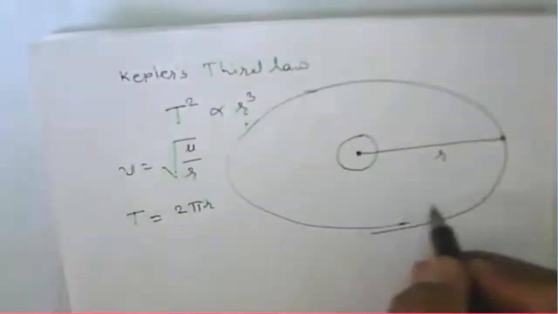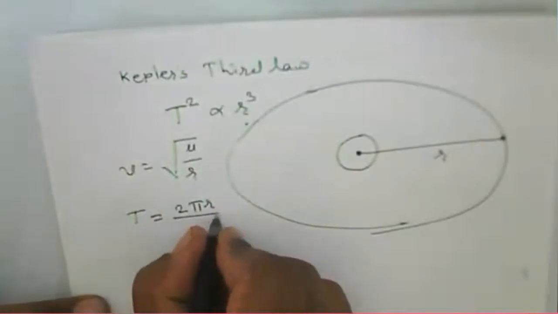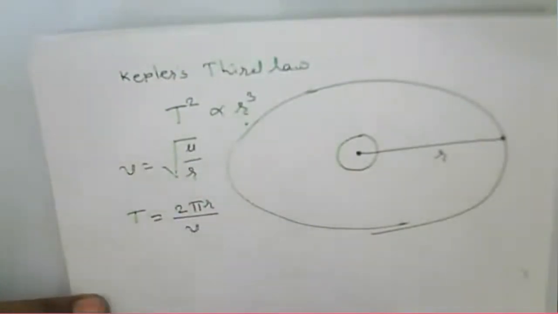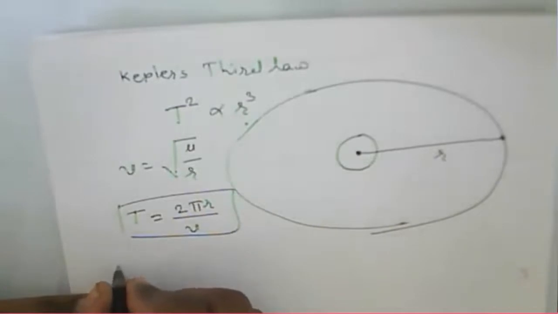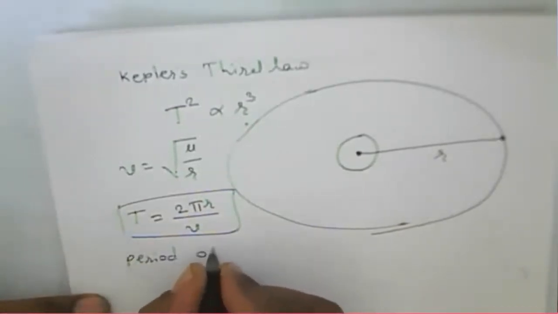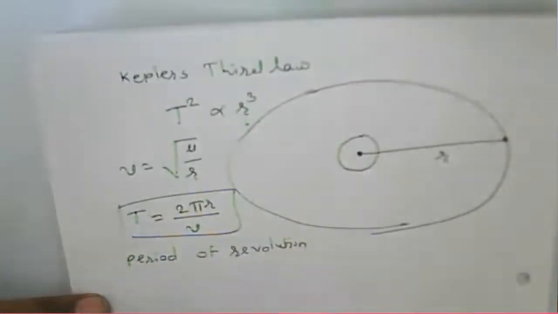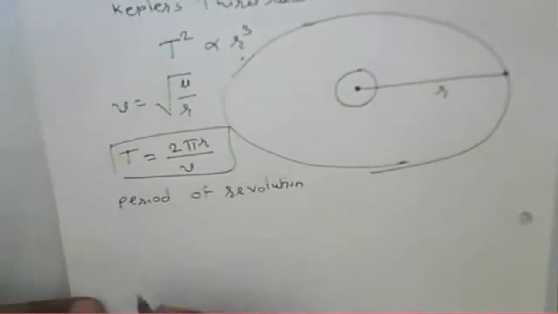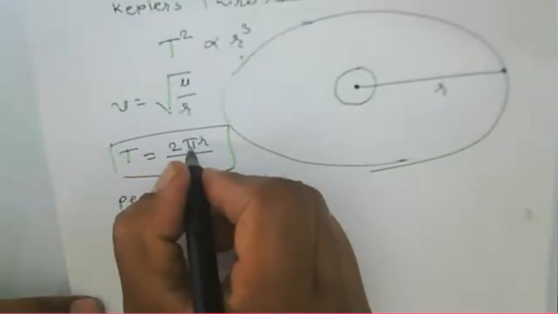So T is nothing but 2πr, which is the circumference of this particular orbit, divided by the velocity. So now we get the period of revolution.